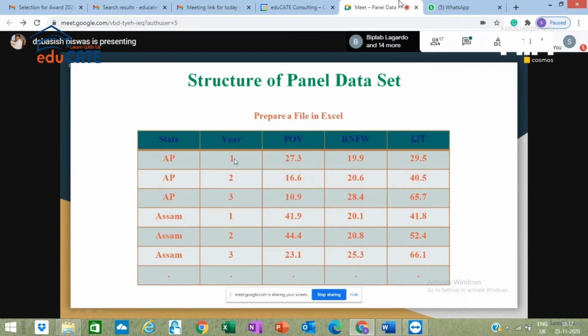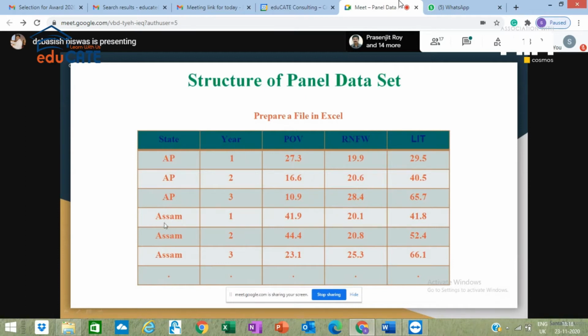That's why we have written first year, second year, and third year. So first we have written AP, AP, AP, then the first year data of AP, second year data of AP, third year of AP, and you write the data accordingly. This is the data of the first year of Andhra Pradesh, this is the second year, and this is the third year.